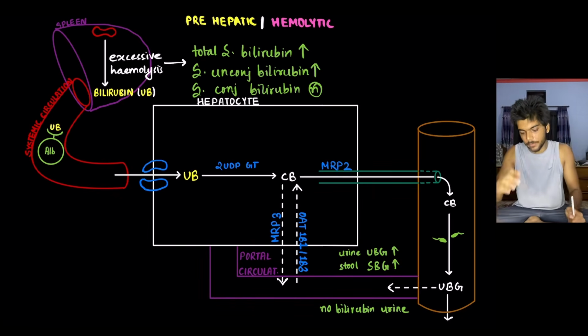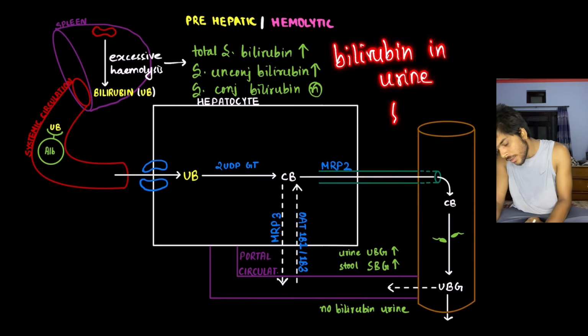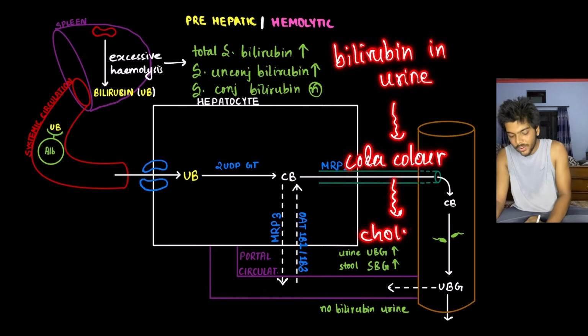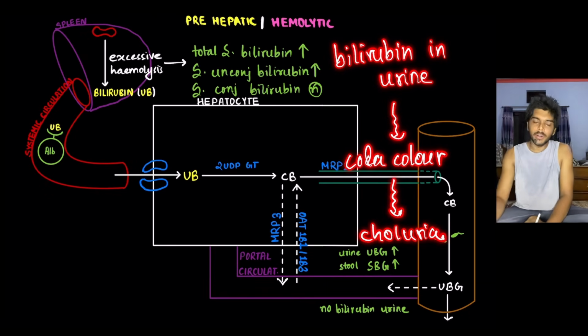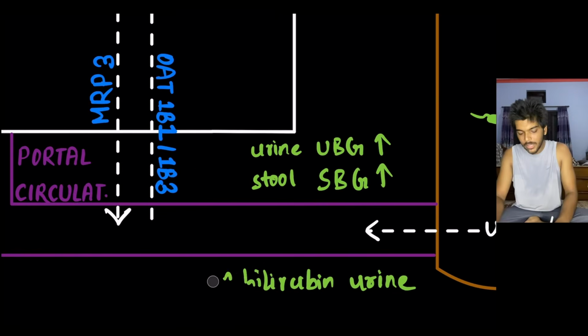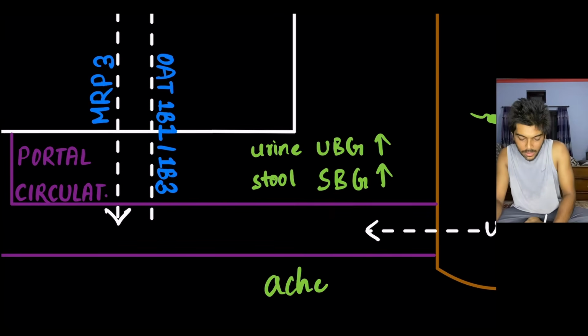Now another concept, when there is bilirubin in urine, the urine becomes cola colored, and this cola colored urine, more specifically cola colored conjugated bilirubin present in urine, is referred to as choluria. But in hemolytic jaundice, there is no bilirubin in urine, so there is no cola colored urine, so there is acholuria. Okay.